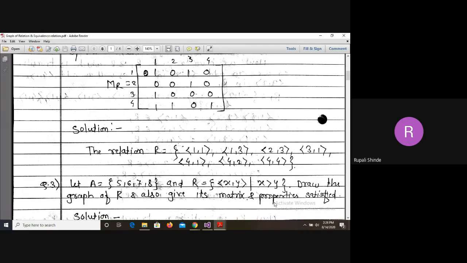So set A is given and relation R is defined on set A. And here they have given one important condition for relation R. We have to include such ordered pairs where x is greater than y. So the first element of your ordered pair must be greater than the second element. So first of all, define relation R.